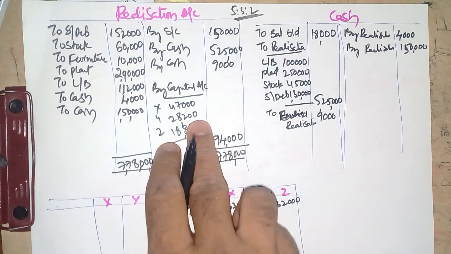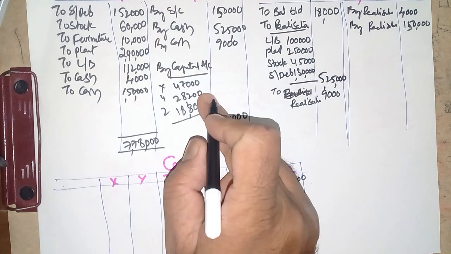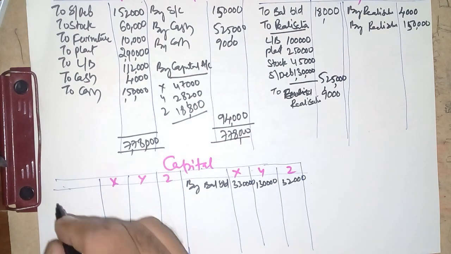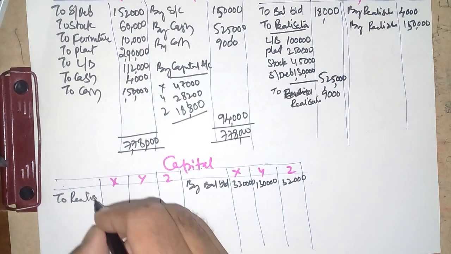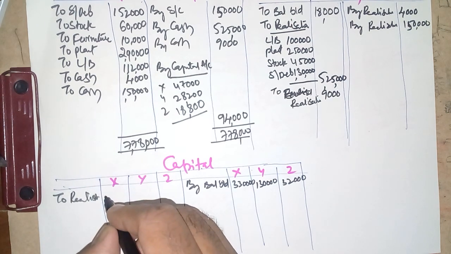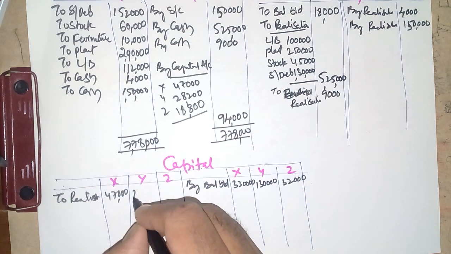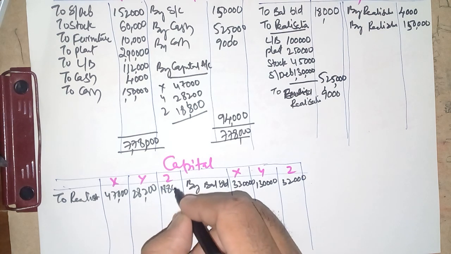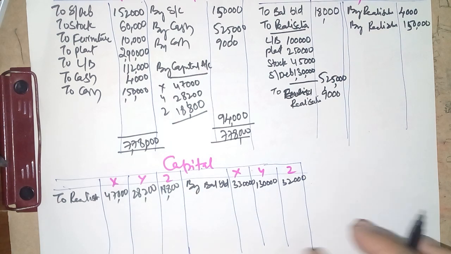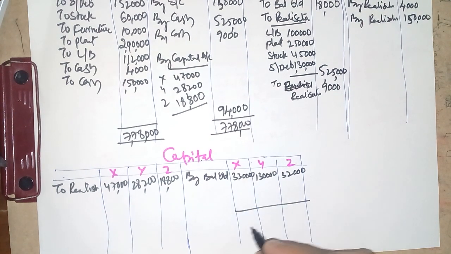So this loss will be posted into the ledger of capital. In capital account it will be debited to realization, how much? 47,000, then 28,200, then 18,800, right?